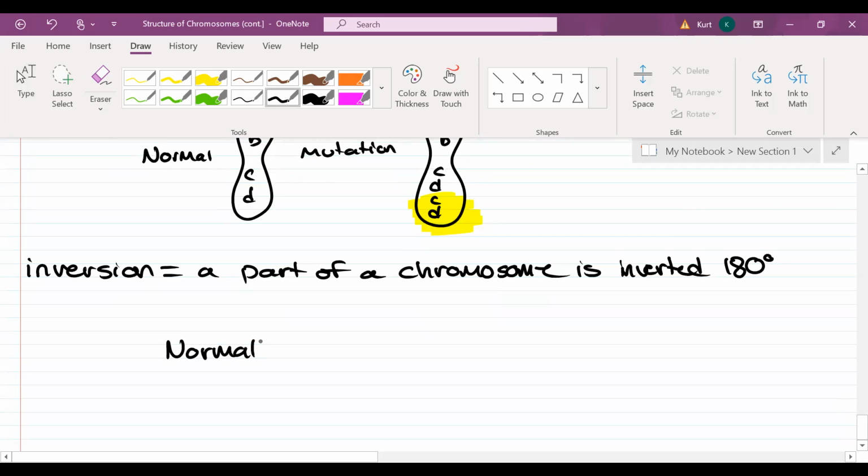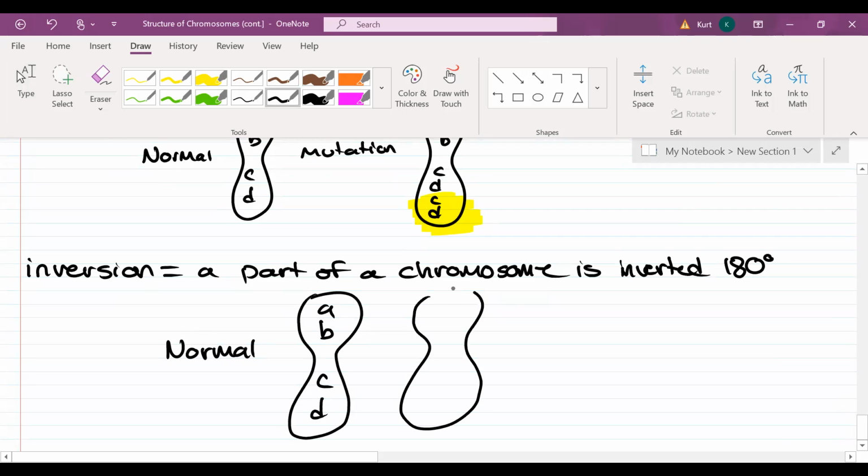Yeah, because you don't have the gene in the right spot. For when the gene has to be expressed, it's not in the correct place. So normal would be A, B, C, D. Here's mutation, A, C, B, D. Flip-flop. Gene C and gene B flop-flipped.